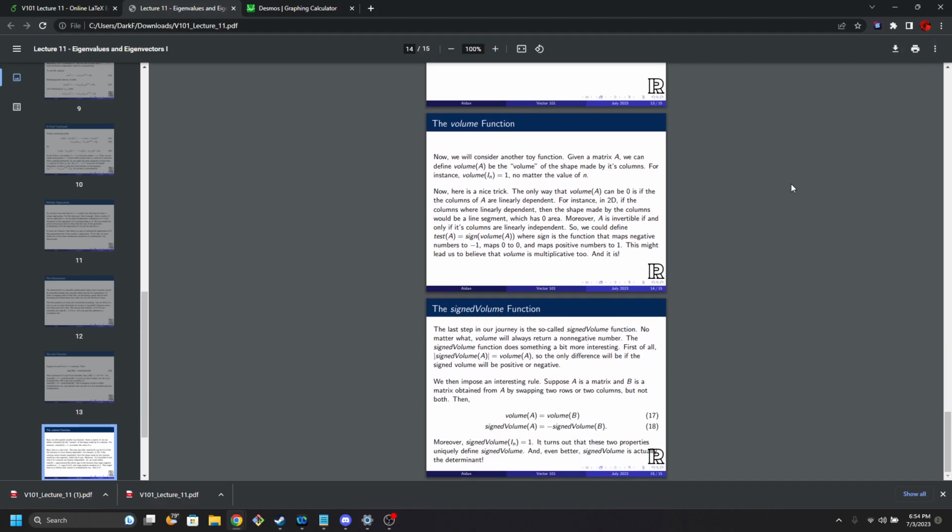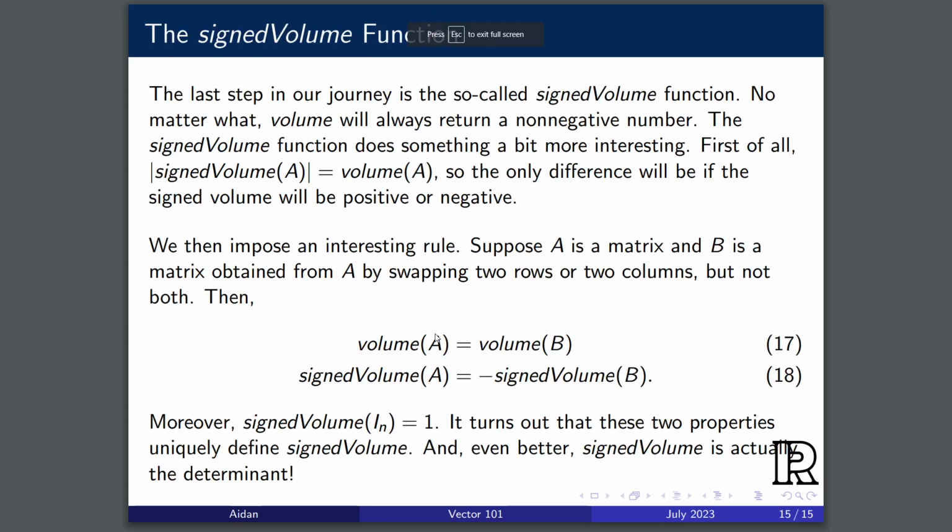That's basically it, actually. We need one more piece of information, which is the signed volume of the identity matrix. And once you have that, we have basically uniquely defined signed volume, which might sound a little bit crazy because I've only given you one thing, but remember, the sign is only one bit of information.